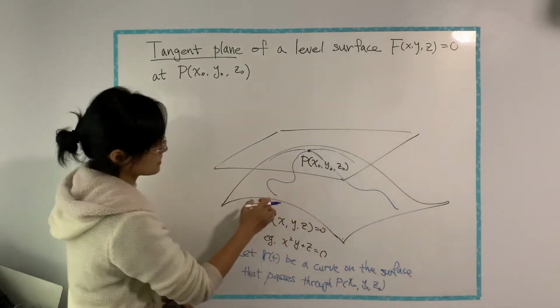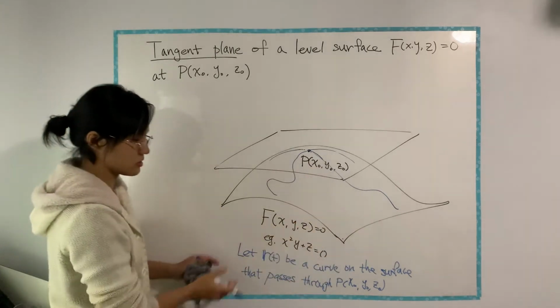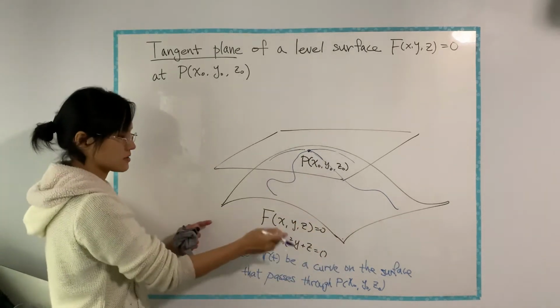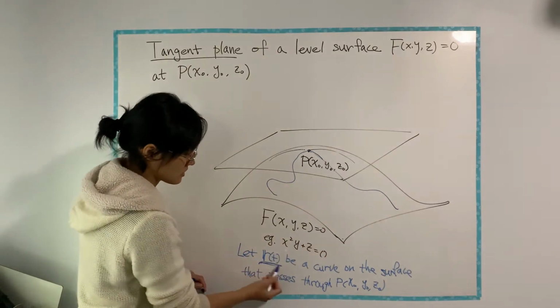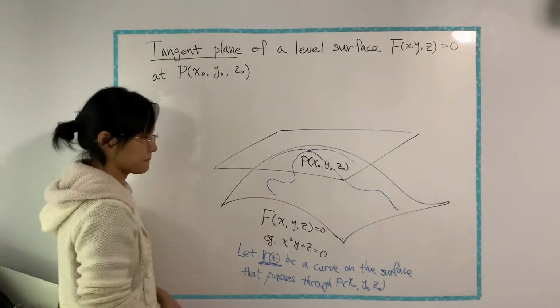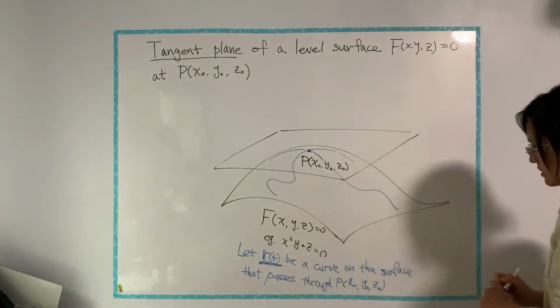So it's like this curve or this curve, I don't care. As long as it's a curve, it sits on the surface and it passes through P. This can be one of the examples. All right, so now what do we know then?